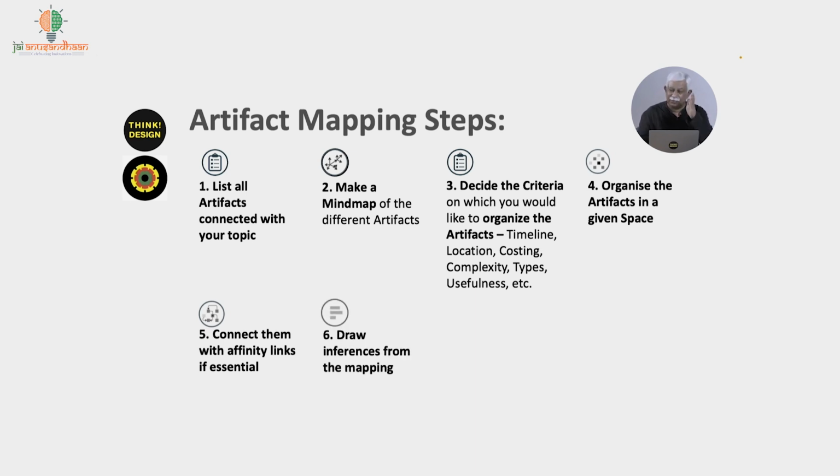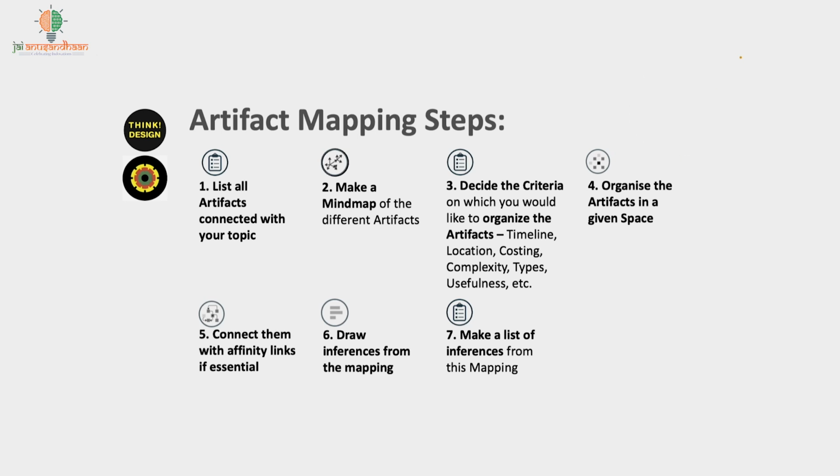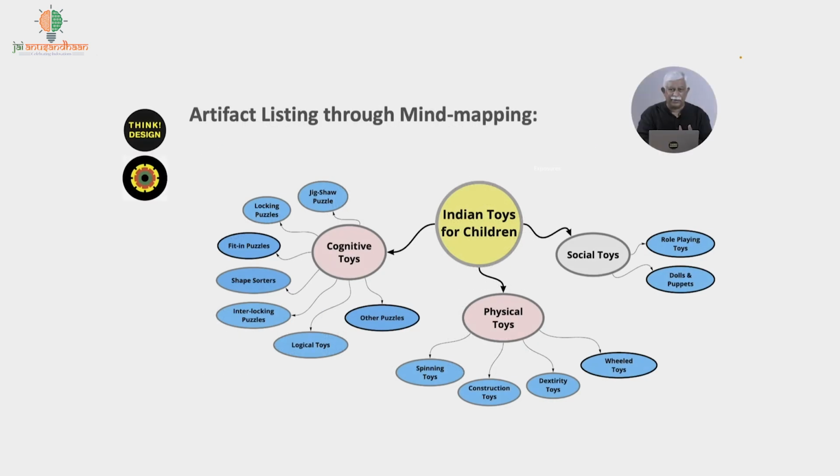You look at them and you can actually conclude some factors, and make a list of these inferences. So, step 1 to step 7, very simple: list, make a mind map, decide a criteria, organize this in a given space, connect them with affinity links, draw inferences, and make a list of it. Let's start with a mind map.